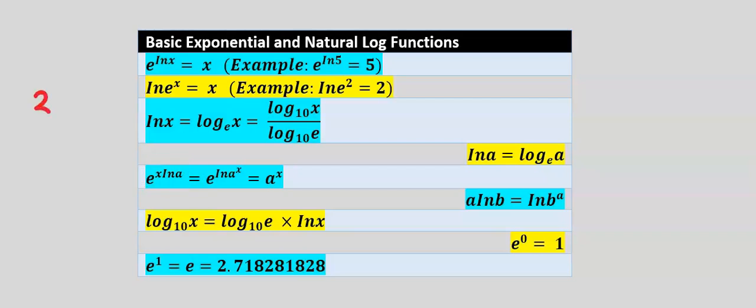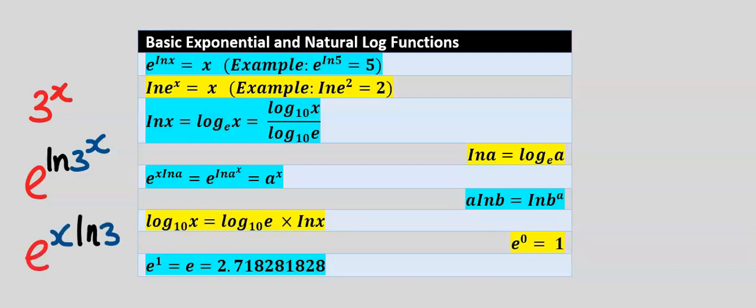That is, 3 to the power of x can be rewritten as exponential the natural log of 3 to the power of x, and can be rewritten as exponential x multiplied by the natural log of 3.